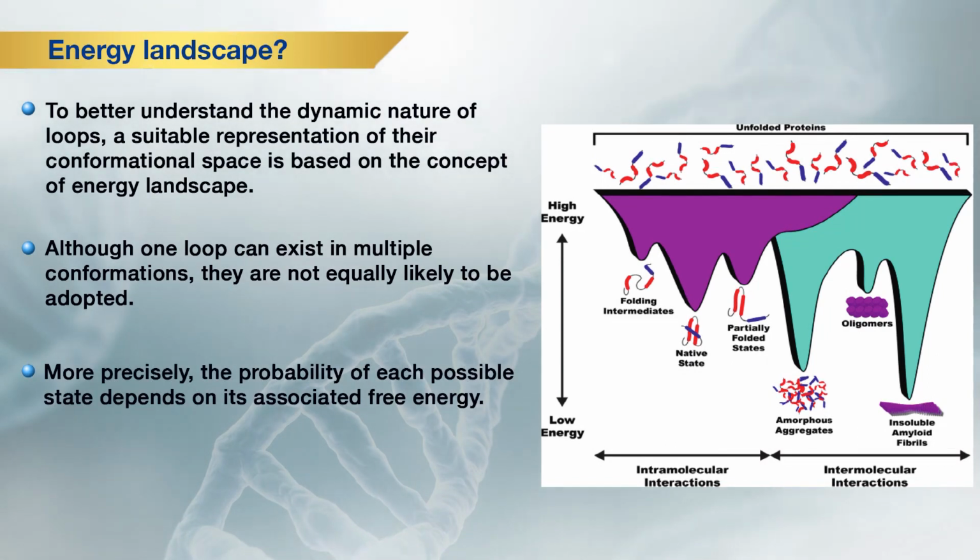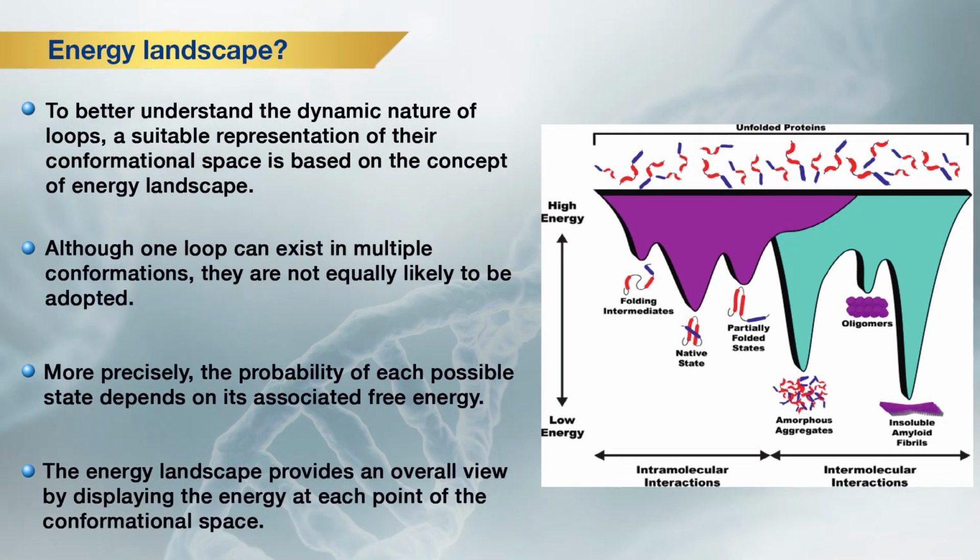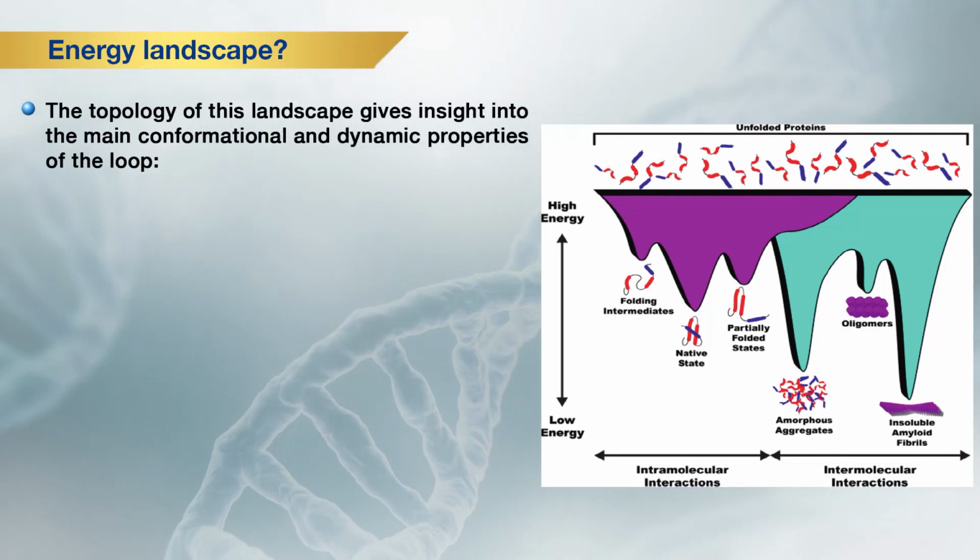More precisely, the probability of each possible state depends on its associated free energy, or Gibbs free energy. The energy landscape provides an overall view by displaying the energy at each point of the conformational space. The topology of this landscape gives insight into the main conformational and dynamic properties of the loop.